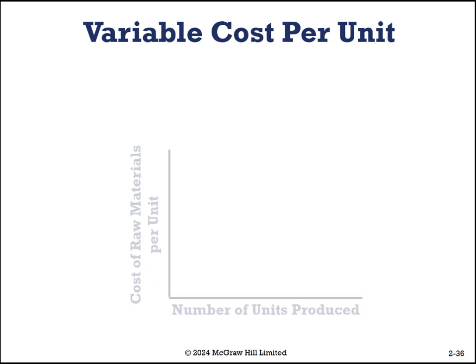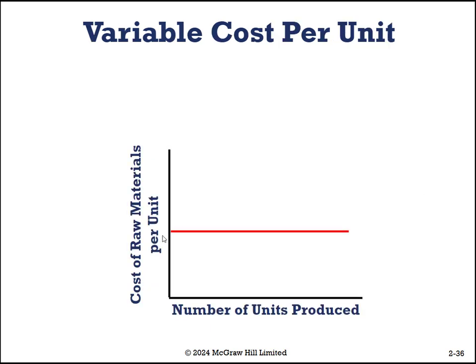Graphically put in another way, the variable cost per unit is the same. So a cup is a cup is a cup. For Tim Hortons medium cups, no matter how many units you produce, the cost of raw materials per one unit is going to be the same.